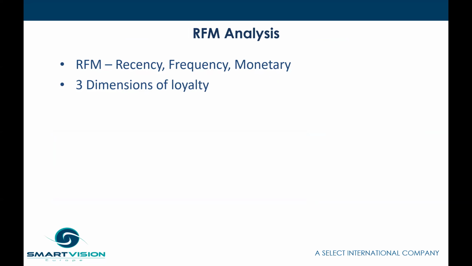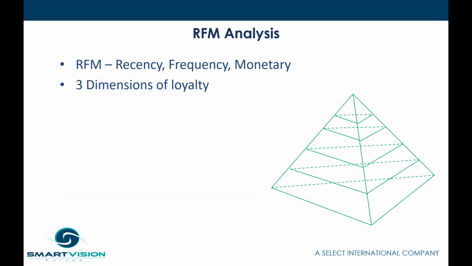And it's much easier for us to visualize this and how that works because it's a bit like a 3-sided pyramid, where the people right at the top are the people with the highest scores for recency, so they're the most recent. They have the highest scores for frequency, so they're the most frequent shoppers or the most frequent people who do business with you, and the highest scores for monetary.